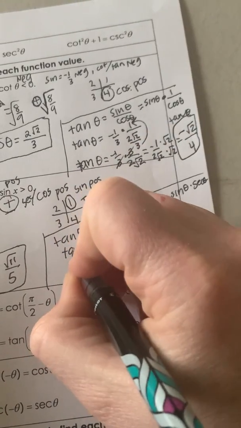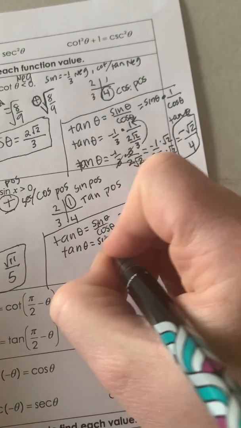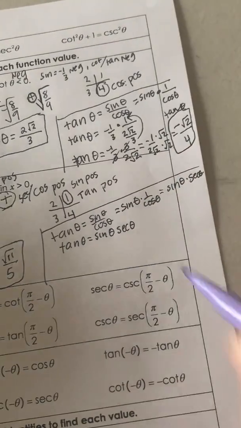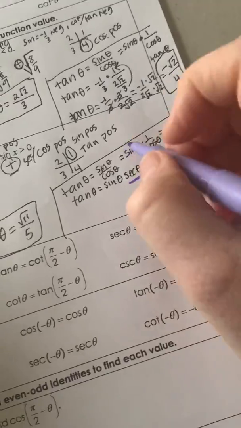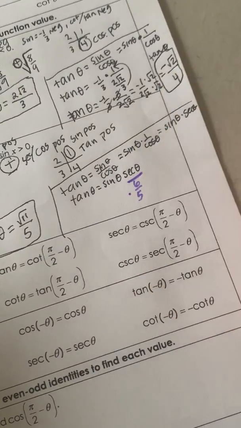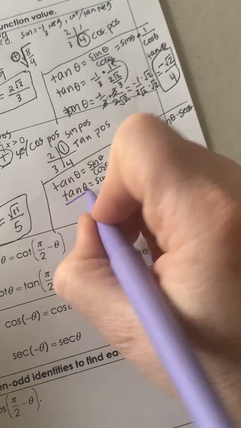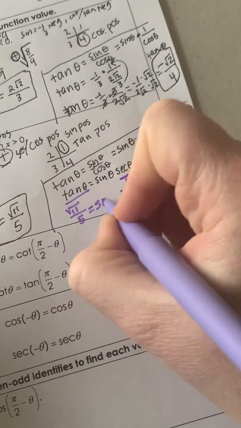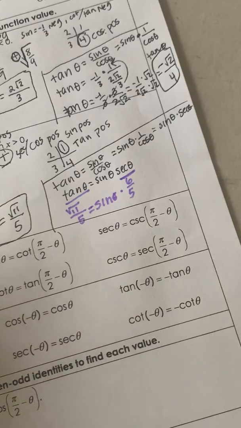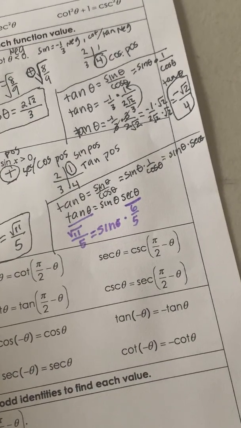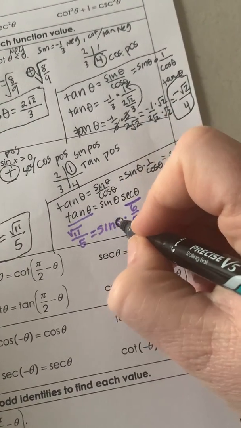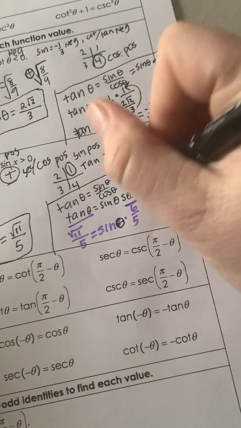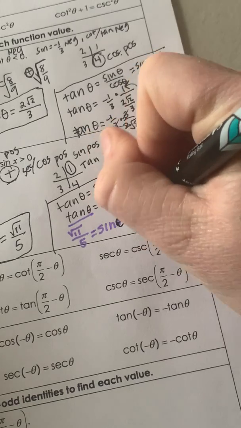So tan theta is sine theta times secant theta, and that works because we know secant theta is 6/5, and we just found that tan theta is √11/5. So I can just solve for sine theta by multiplying both sides by the reciprocal.